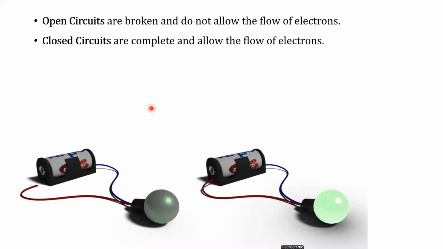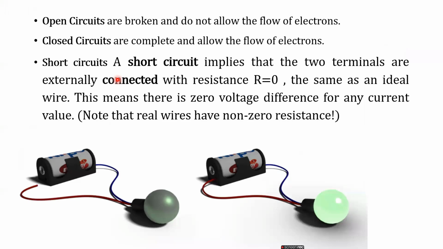You have understood the definitions of the open circuit and the closed circuit. Now, what do you mean by short circuit? I will read the definition here. A short circuit implies that two terminals are externally connected with zero resistance, the same as an ideal wire, which means there is zero voltage difference for any current value.